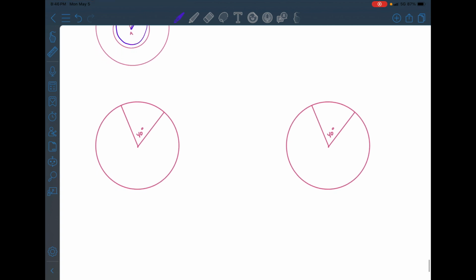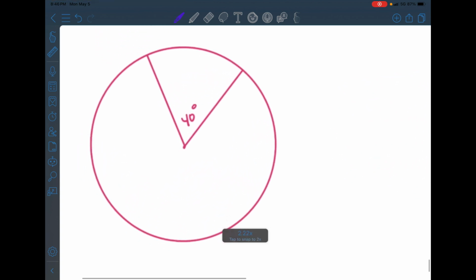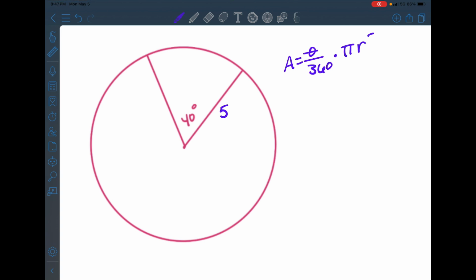All right, let's look at this one. If I have 5 here as my radius, I want to know the area of the sector. And here's how I'm going to find the area of the sector. So go ahead and write this down. I have to have the degrees of the central angle and my radius.